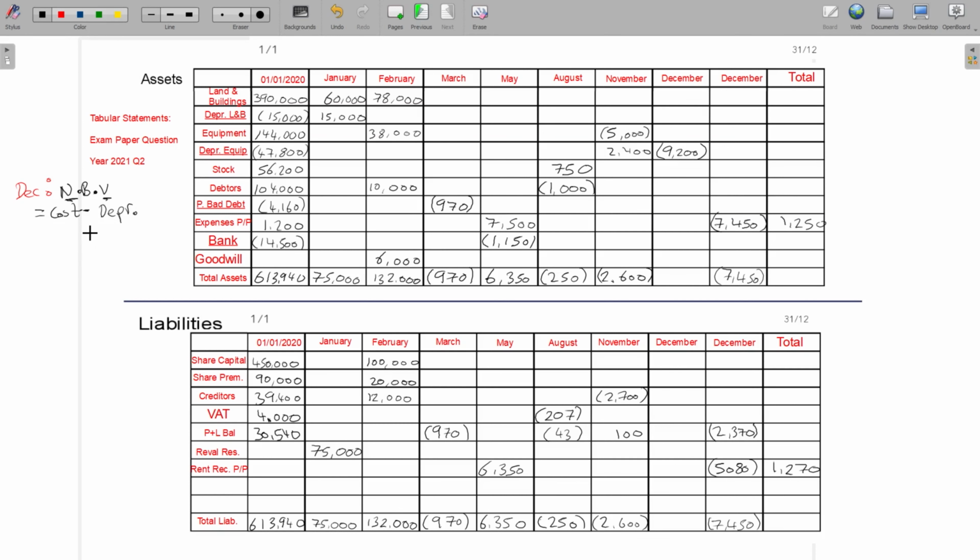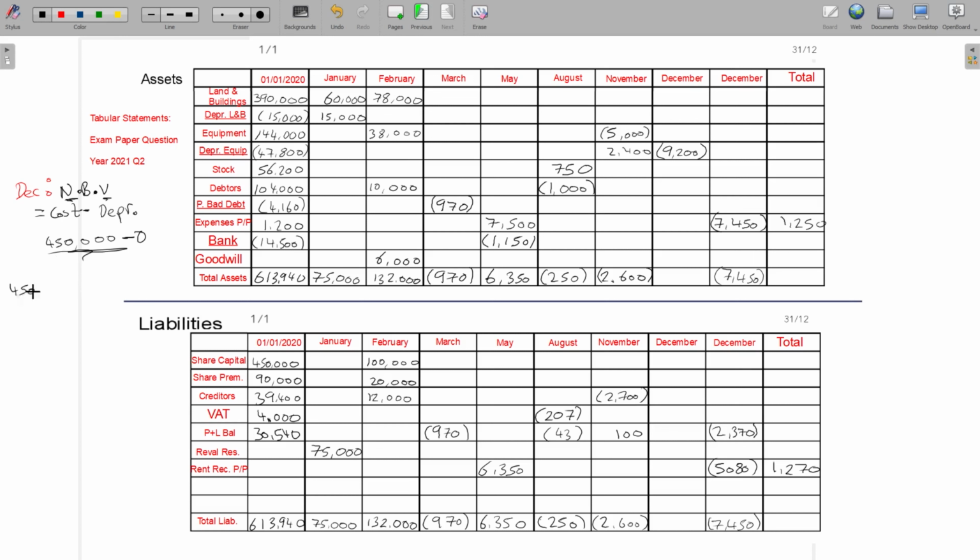Now, since we revalued our land and buildings to 450,000, we also got rid of depreciation. And because we got rid of depreciation, that means there's nothing left in the account. So it's actually 4,500 minus 0. So it's handy. It's still going to remain 4,500.